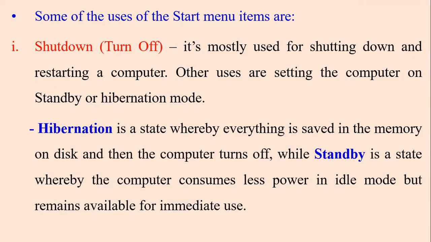Hibernation is a state whereby everything is saved in memory on disk, and then the computer turns off, while standby is a state whereby the computer consumes less power in idle mode, but remains available for immediate use.